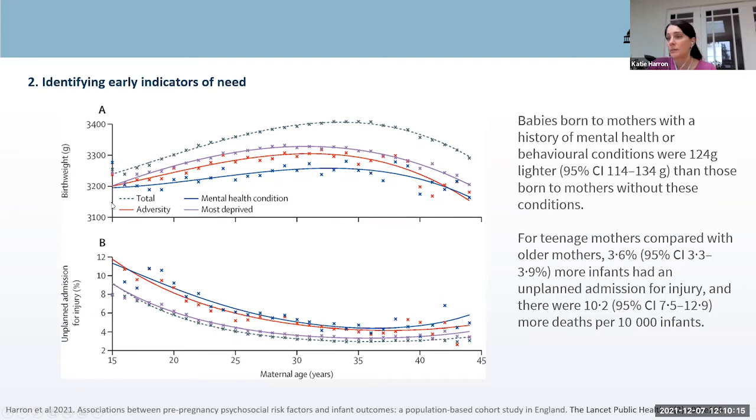And that's shown here with the red lines, which also have lower birth rates and higher rates of injury admissions than the other groups. So if we can routinely identify maternal risk factors prior to pregnancy, and we can do this using routinely collected hospital data, then we might have an opportunity to know which groups might benefit most from intervention and who should be targeted to reduce adverse effects for children and downstream burden on health services.